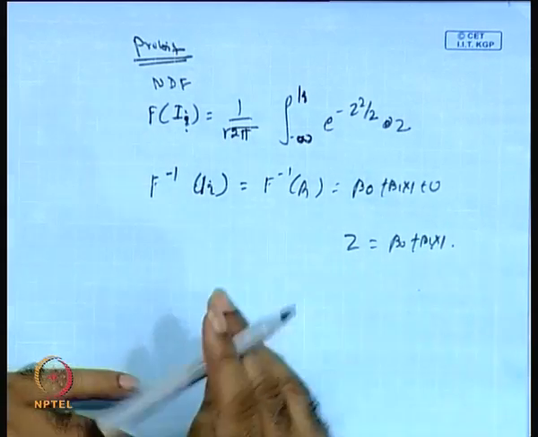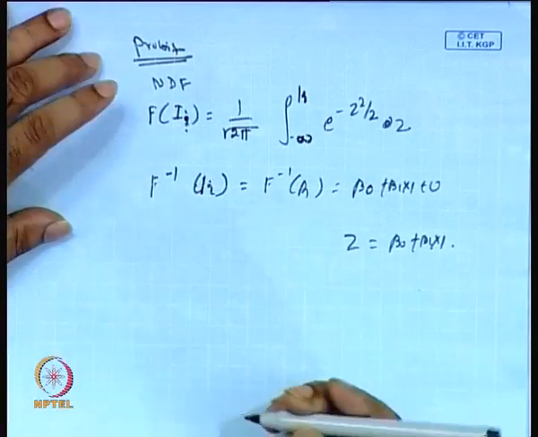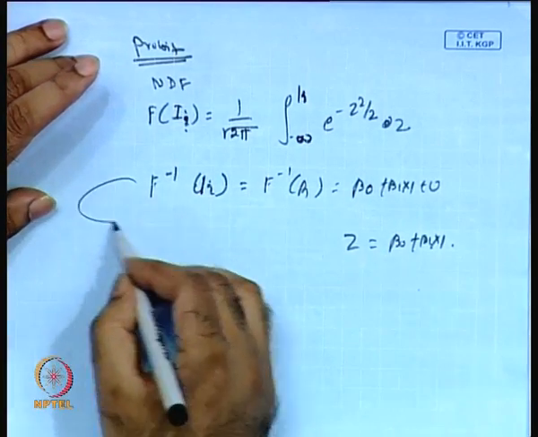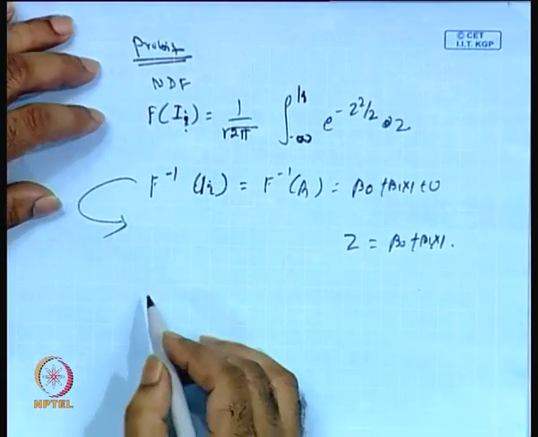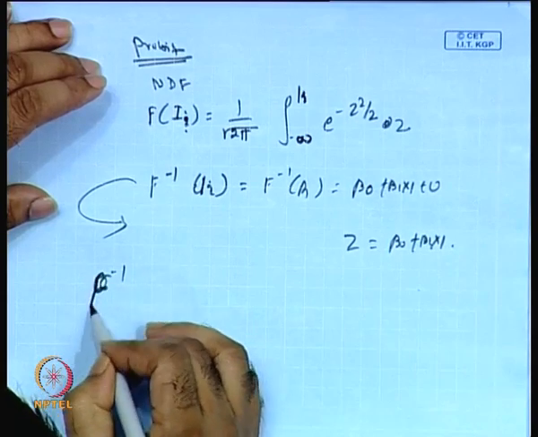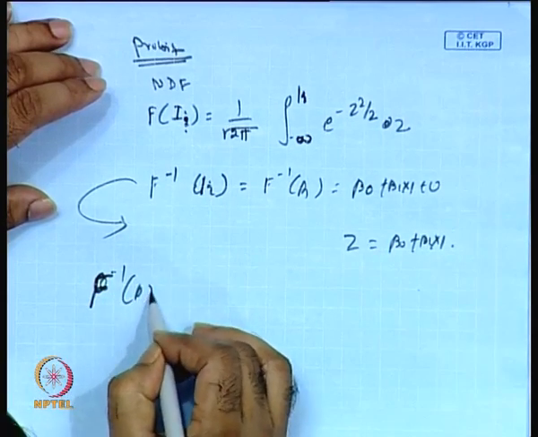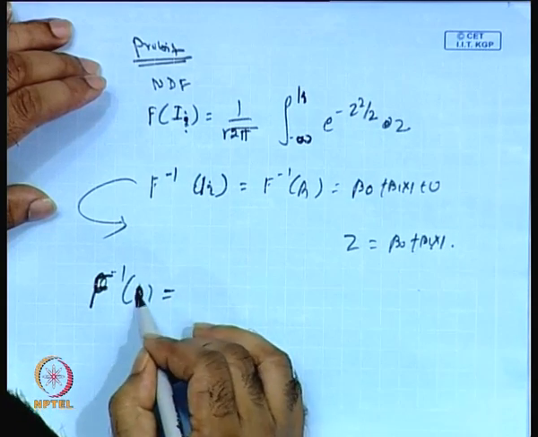So the particular format can be written this way. In other words, if you put it in probability shape, it will be f inverse p equal to z.